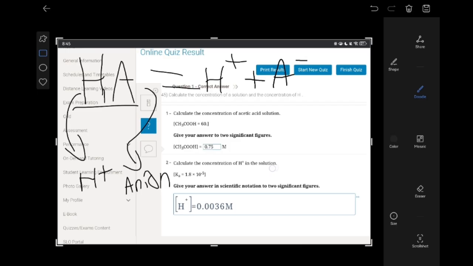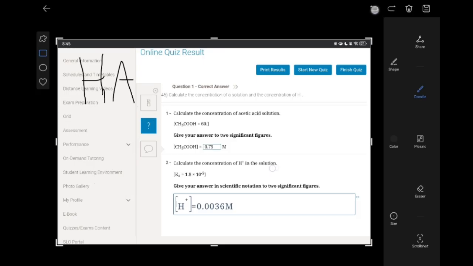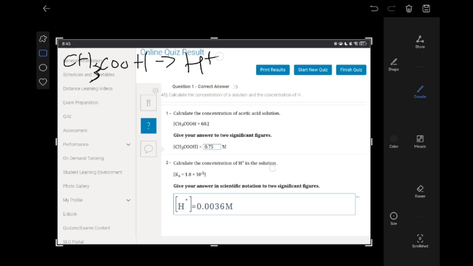In this case, A is CH3COO. So I'm going to replace everything with what we have: CH3COOH dissolves and dissociates into H plus plus CH3COO minus.